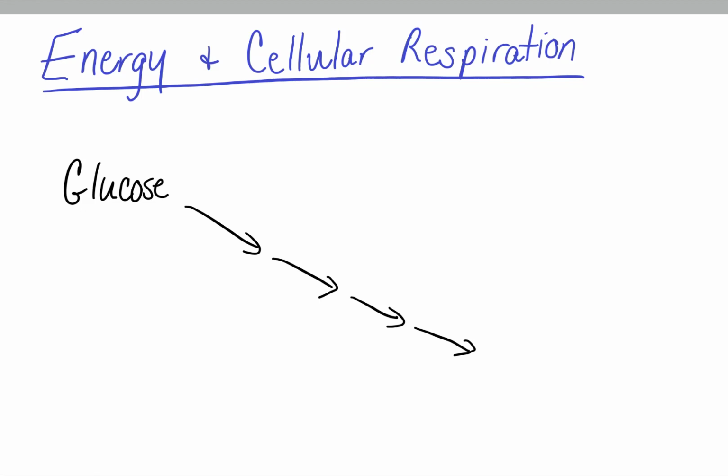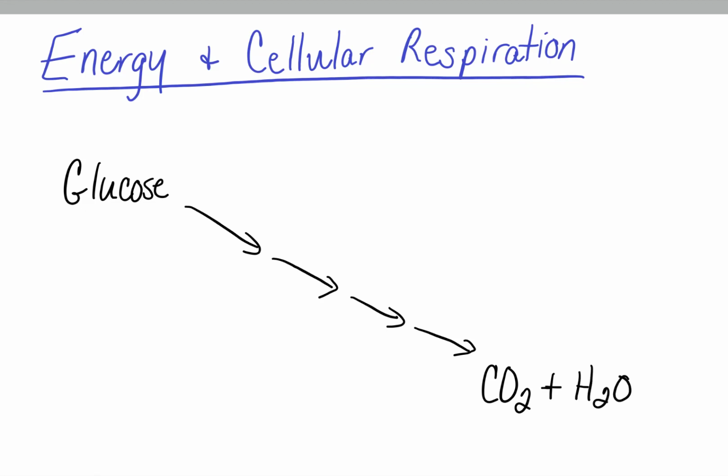A metabolic pathway is a multi-step pathway that consists of many chemical reactions to get from your initial reactants to your final products. And ultimately, glucose is broken down in this metabolic pathway to CO2 and water.